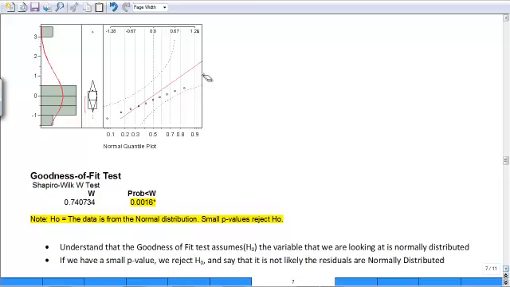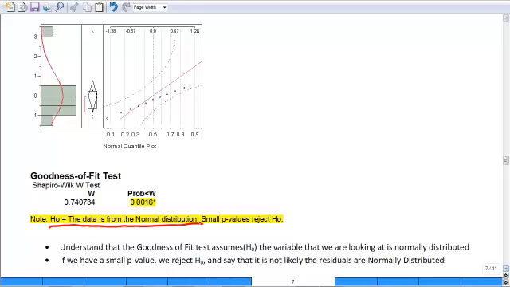We also have a goodness of fit test. And this is a statistical test that gives us a test statistic W and a p-value to go along with that. When we take a look at this statistical test, we've got to remember that the null hypothesis is that the data is normally distributed. Once again, the goodness of fit test, the null hypothesis, the residuals are normally distributed.